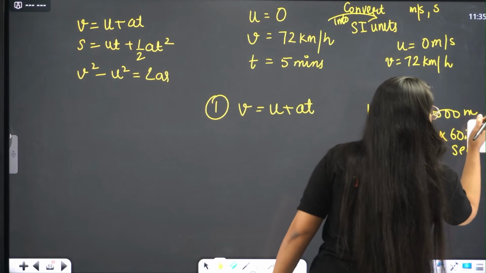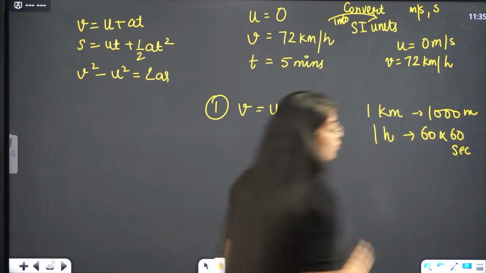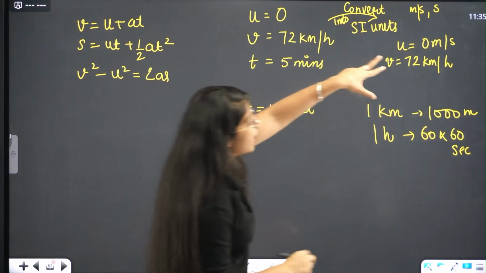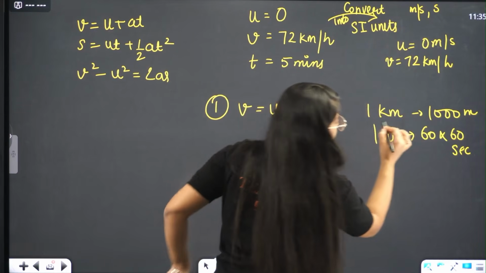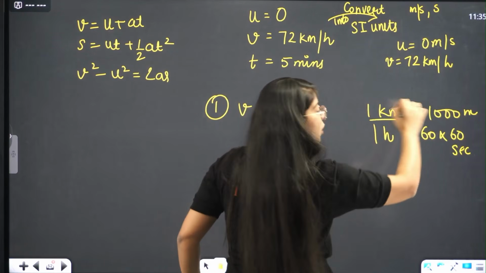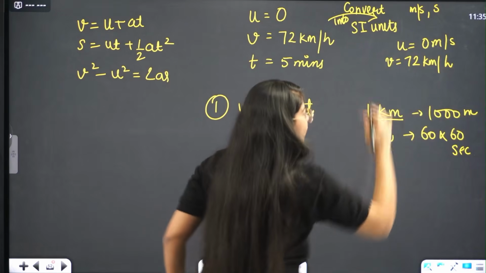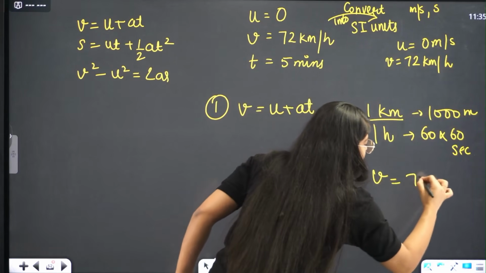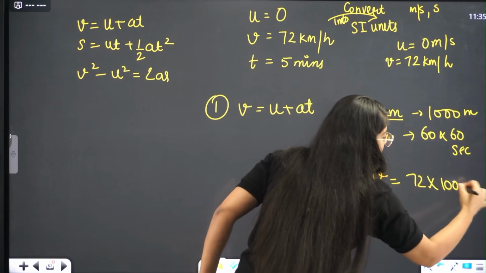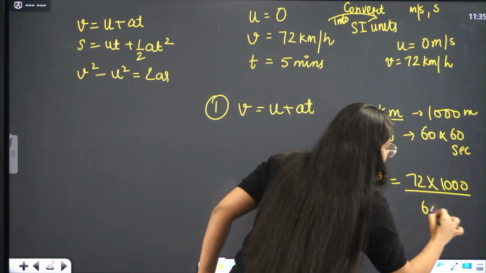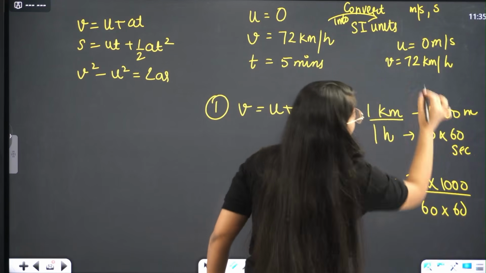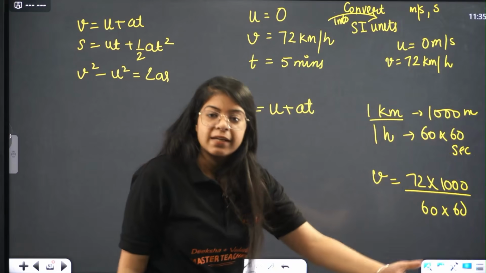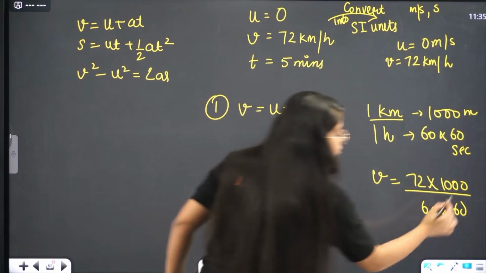I wrote one extra 60 here. Yeah, 60 into 60 seconds. That means to convert kilometers into meters, I have to multiply by 1000. So 72 into 1000 divided by 60 into 60 to convert hour into seconds. Done? Now, you just solve this.